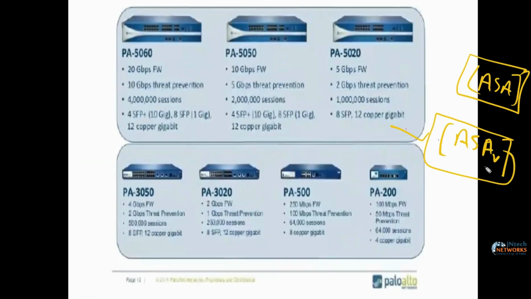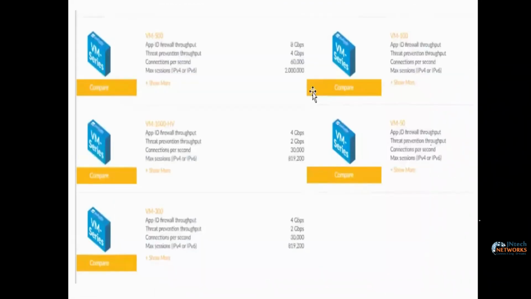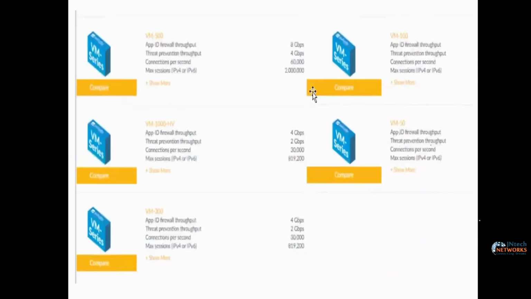This firewall box you can deploy in a data center in a virtualization scenario. Like other vendors, Palo Alto gives you the option of a VM firewall box, either physical boxes or VM firewall box. This is the series for VM firewall box: PAVM 500, PAVM 1000, HV 300, 100, and PAVM 50.